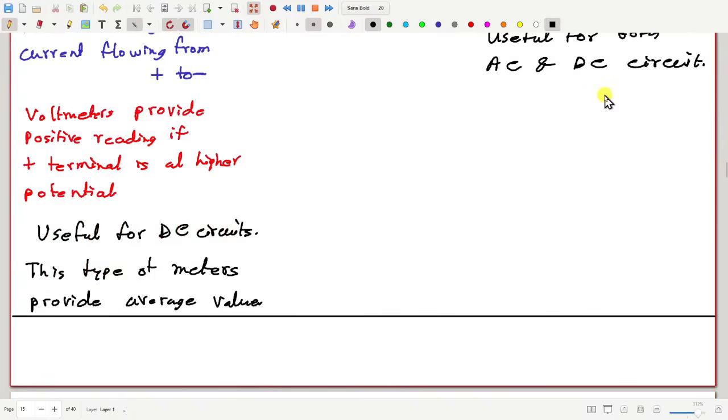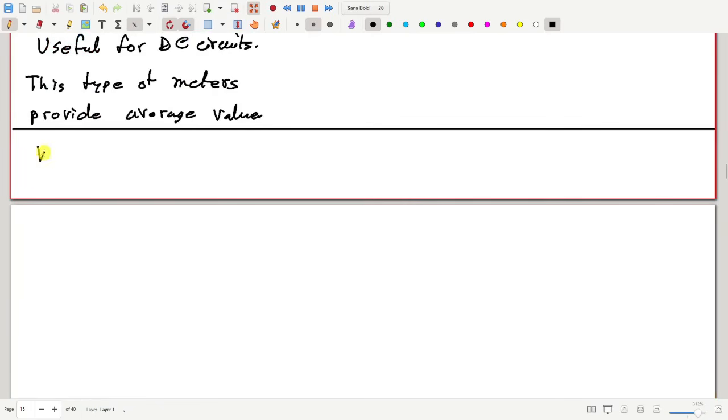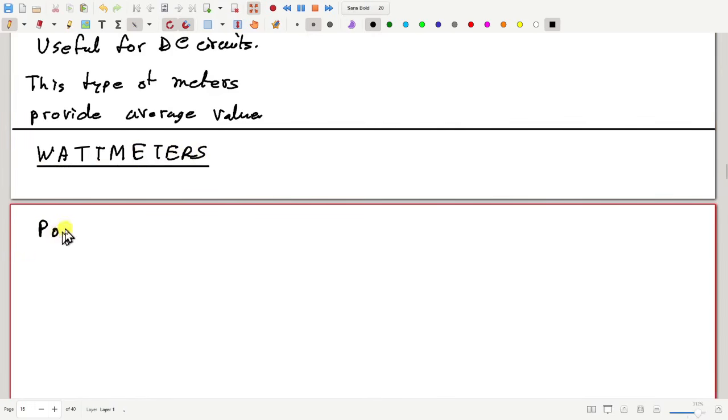Now let us talk about wattmeters. What does it measure? It measures power, and power is nothing but voltage and current multiplied together. Therefore, you can think of a wattmeter as some sort of combination of a voltmeter and an ammeter.